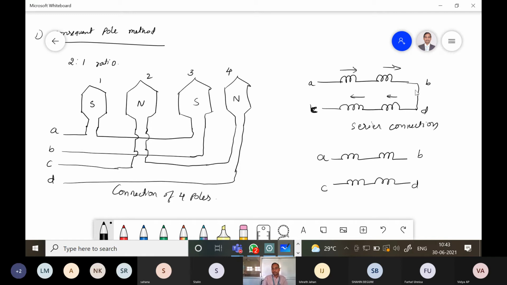But instead of series, I connect the terminals in reverse order. So this becomes a parallel circuit. This is called the parallel connection.